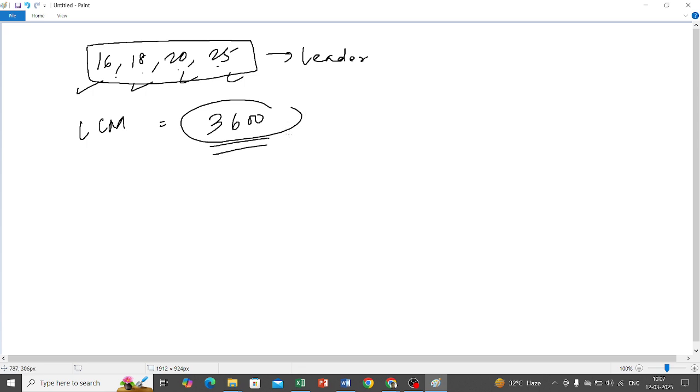But I have to find a number which when divided by these 4 numbers gives the remainder 4. And that same number, the one with remainder 4, when divided by 7, should be perfectly divisible.